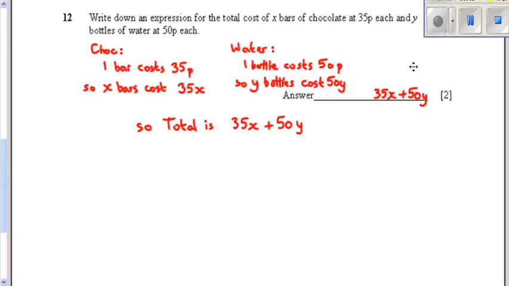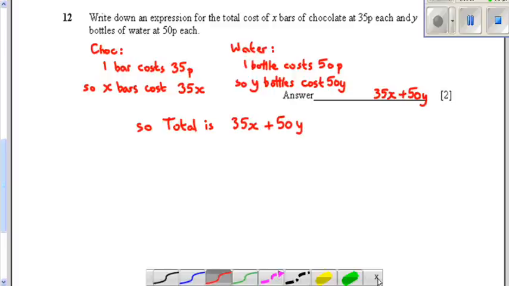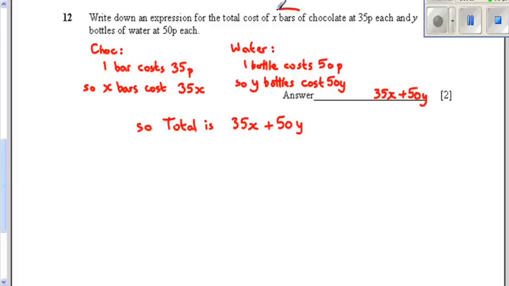Okay, question 12. So we write down an expression for the total cost of X bars of chocolate at 35p each and Y bottles of water at 50p each. So look at the chocolate first. We know 1 bar costs 35p, so X bars is going to cost 35x.